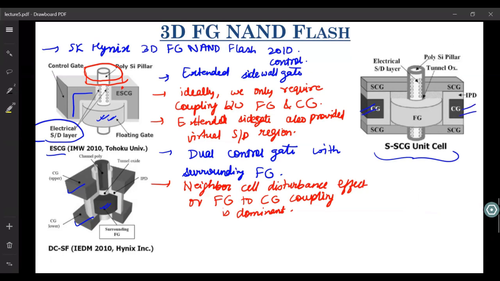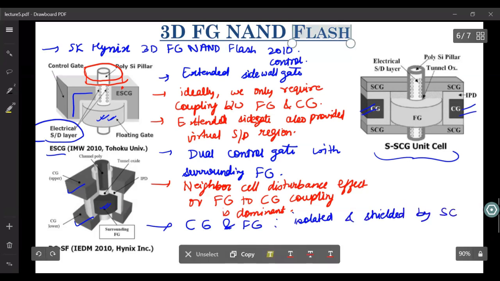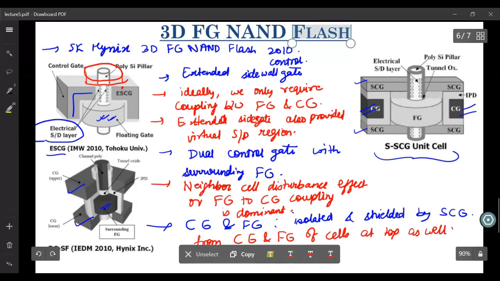So here what you have is a control gate and floating gate. Both of them are isolated and shielded by these SCG. So you have two SCGs, one at the bottom, one at the top, and these two are shielding your control gate and floating gate from the control gate and floating gate of cells at top as well as cells at bottom, right?